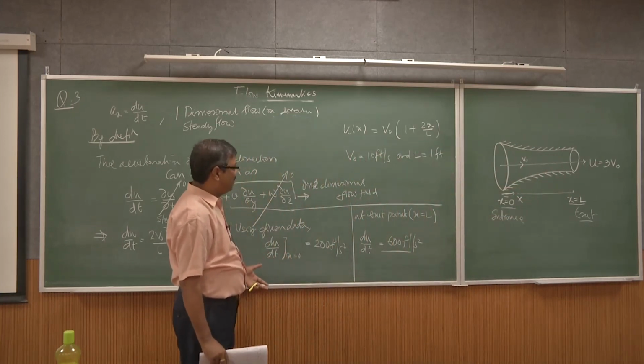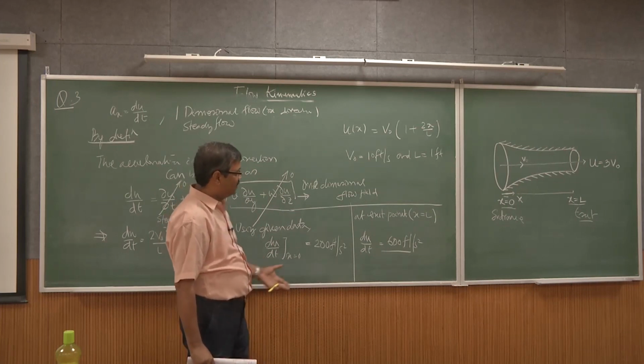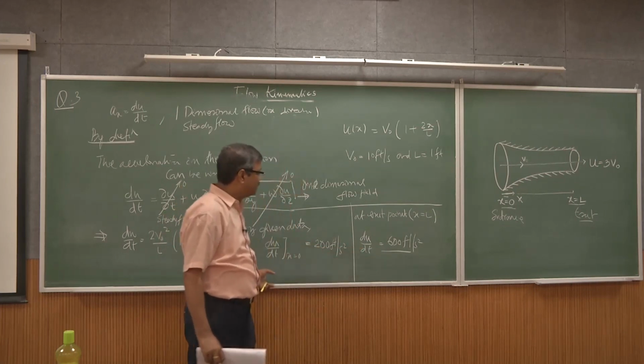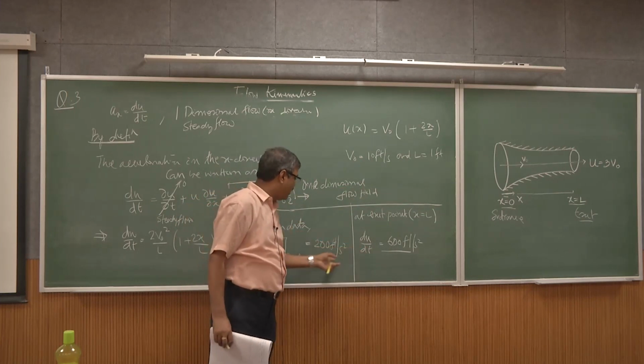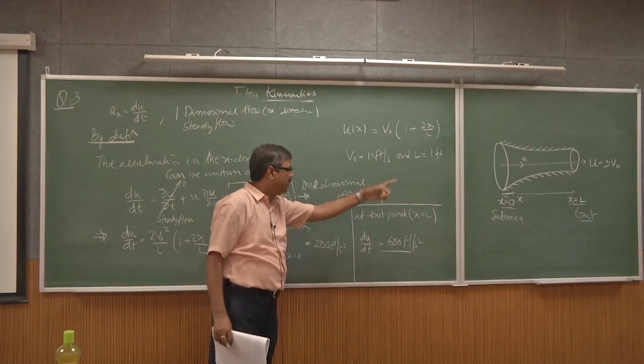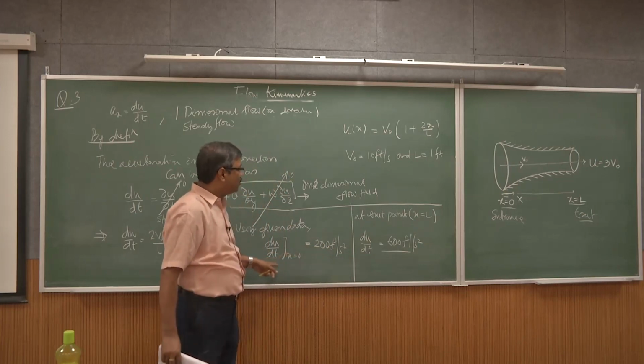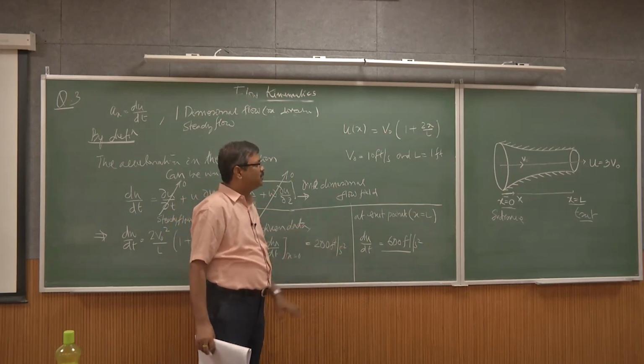So the velocity is increasing, and the acceleration is also increasing at that point. That is what we are computing using the substituted values.